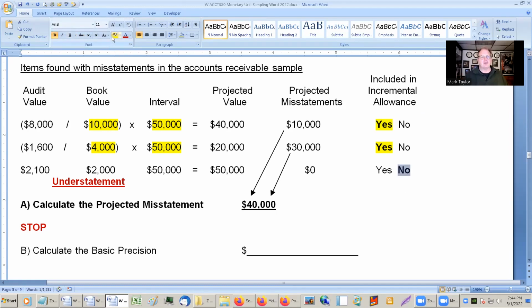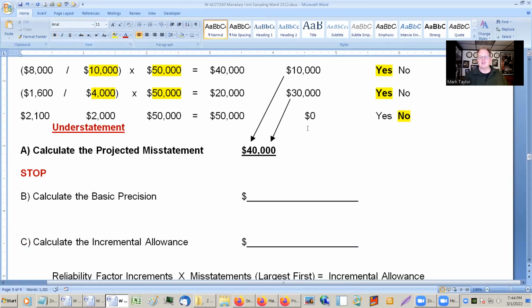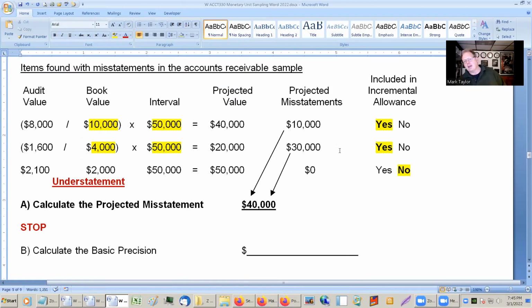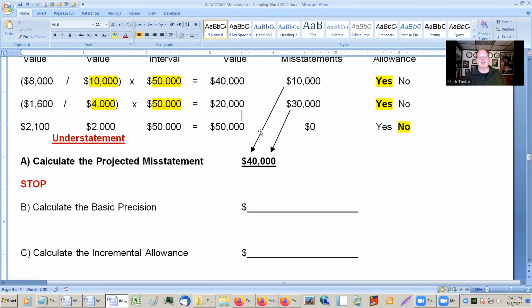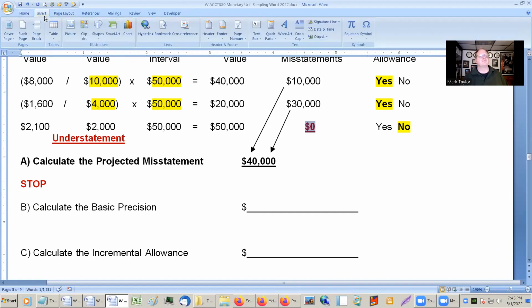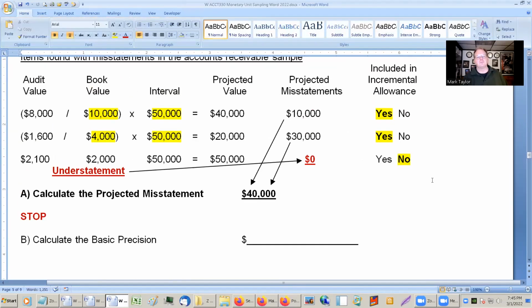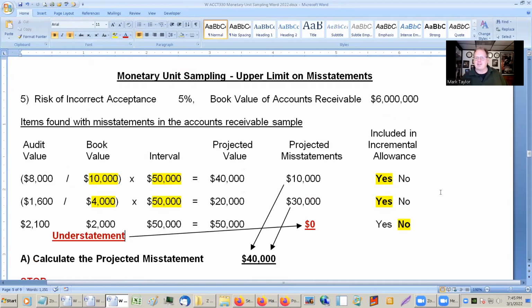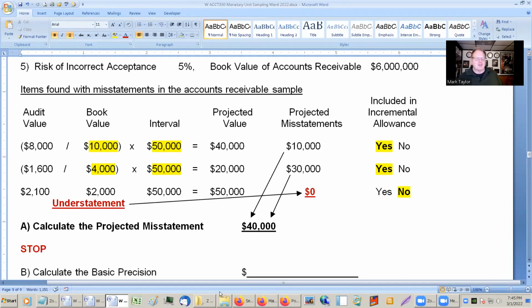Everything's fine with this one, so we would not be putting that in there. There is no misstatement on there, and even if we did put it in, it wouldn't count as anything because we're going to multiply this times something, and 0 times anything would be 0. So yeah, because this is an understatement, there is no misstatement. There's some confusing arrows. So we'll stop right there.